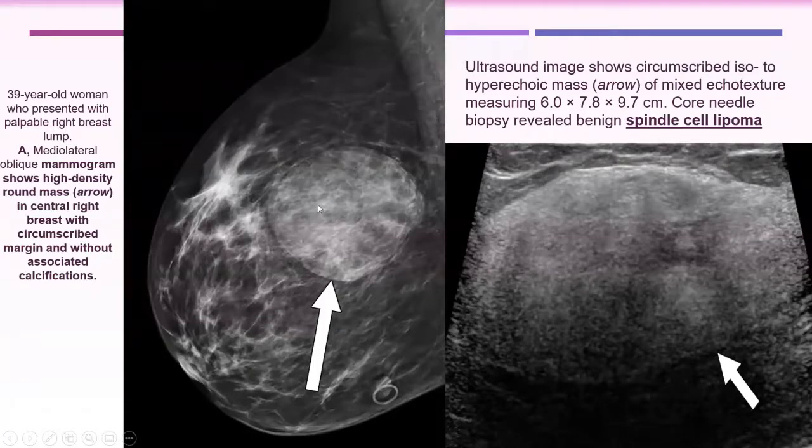It's a low dense lesion. Look at the adjacent parenchyma. Though they describe it as a high density mass, to me it seemed to be not much dense. And it's circumscribed even on ultrasound, though there is some heterogeneity here, but not as much as seen in the angiosarcoma.